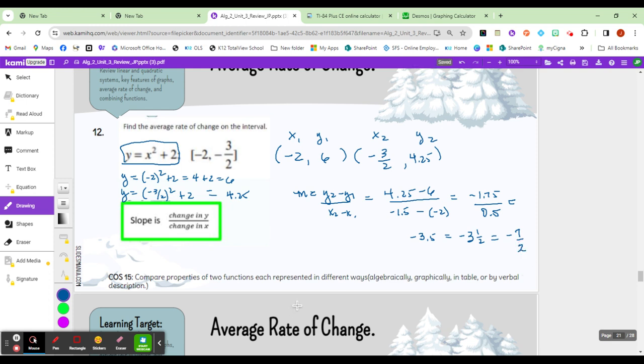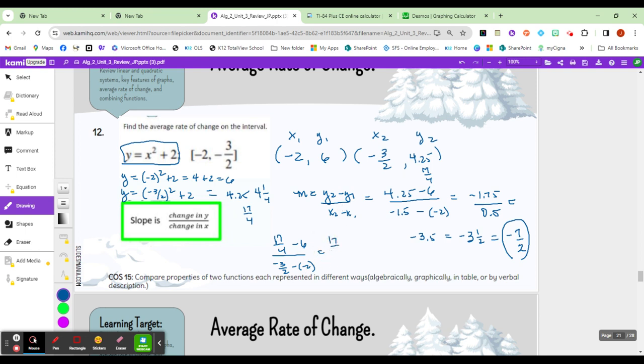Let me double check it by not using decimals. This would be 4 1/4, which is 17/4. So this would be 17/4 minus 6 over -3/2 minus a -2.